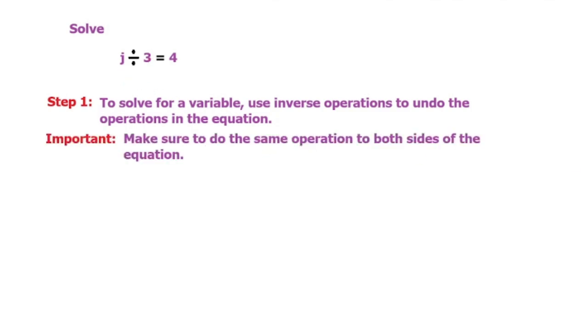And what's important to remember is to make sure to do the same operation to both sides of the equation. So if we've decided that we're going to multiply by 3 on this side, we're going to have to multiply by 3 on this side of the equal sign. So how's that going to look?